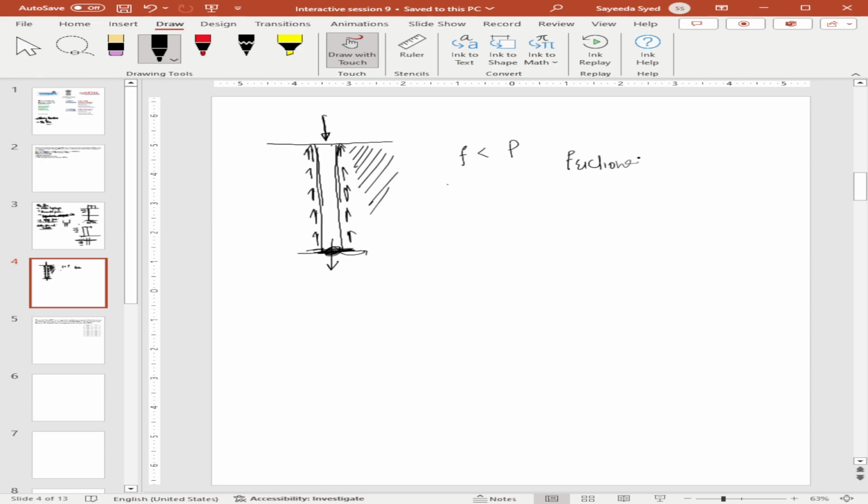Friction will be there only if there is significant friction per unit length. Usually piles in a mixed strata will encounter both types of load transfer.